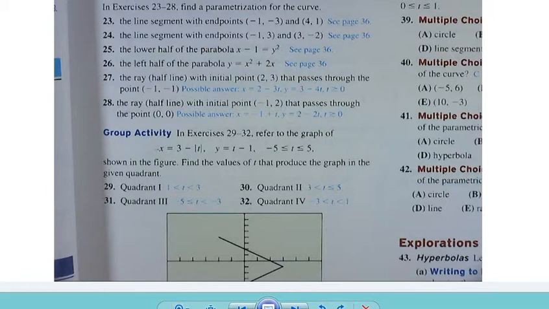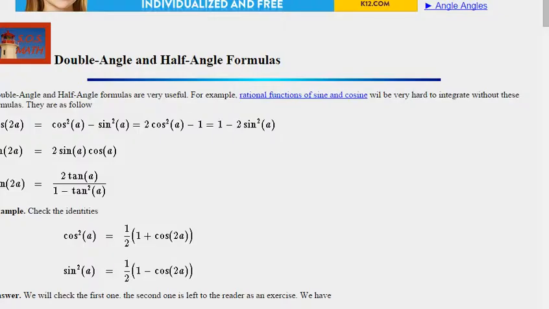So I suspect the way that I do that is the double angle formula. So what I'm looking for is cosine of 2a. So let me write that down too. We say that cosine of 2a is equal to, and if I were to guess, I would probably go with that last one, which is 1 minus 2 sine squared of a.